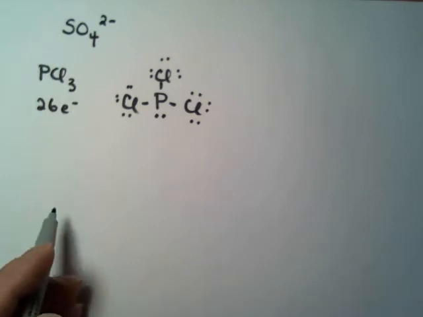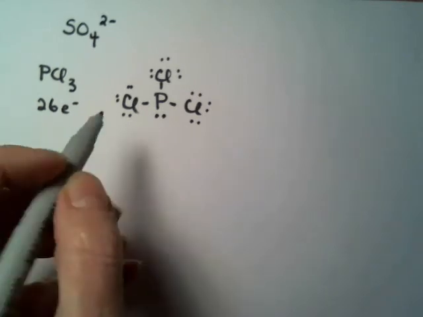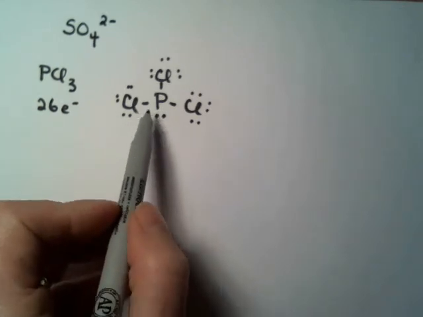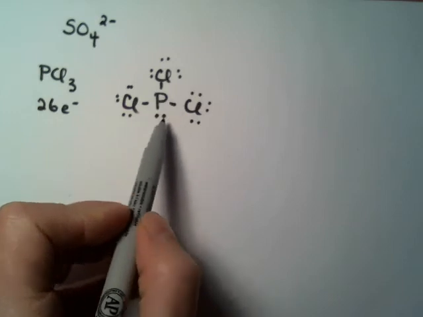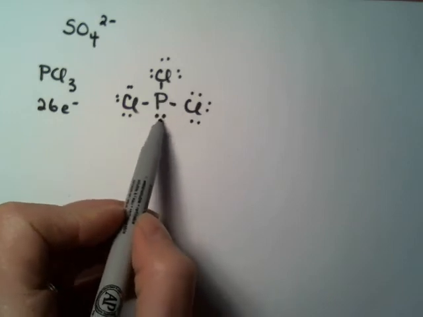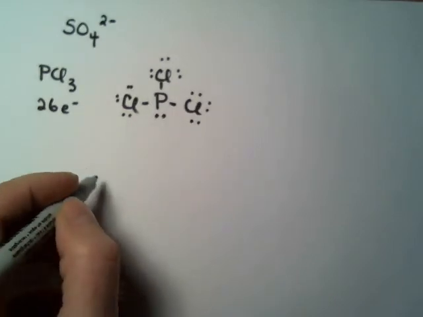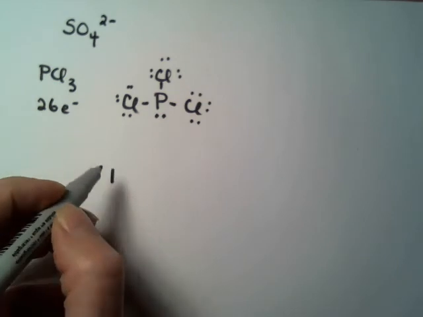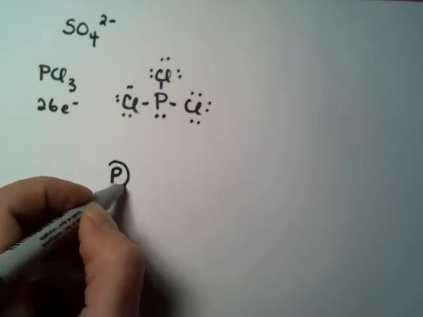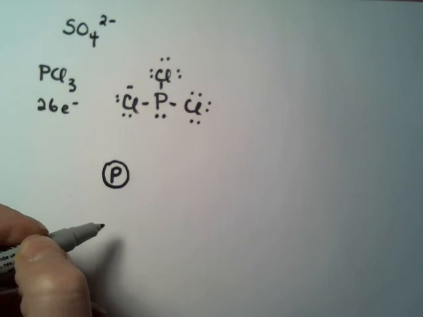And now I want to determine the geometry. I have how many groups around the central phosphorus atom? 1, 2, 3, 4. So my electron group geometry is tetrahedral.